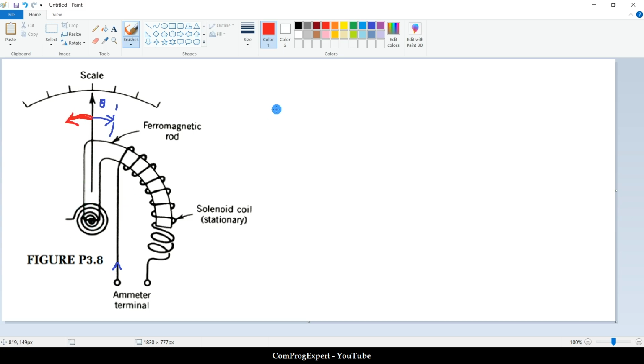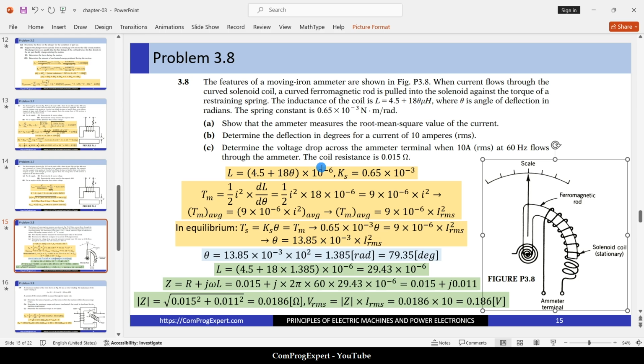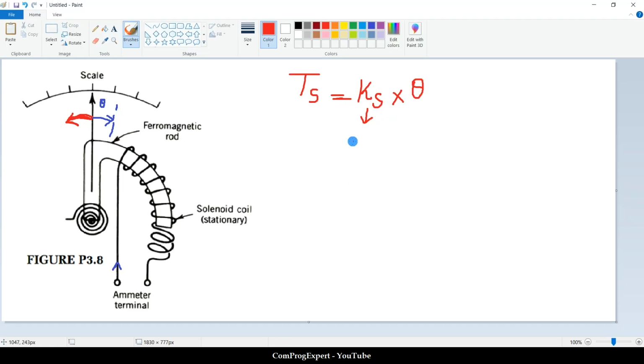How much is the value of the torque applied by this spring? It is the constant of this spring, ks, times theta. This is in the opposite direction. The value of ks is given here, 0.65 times 10 to the power minus 3.